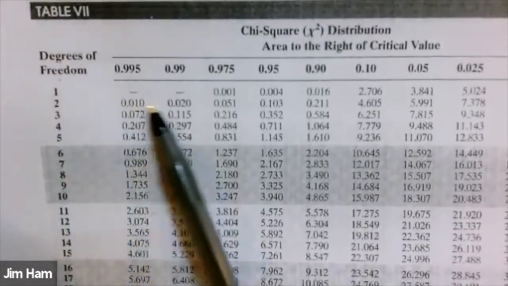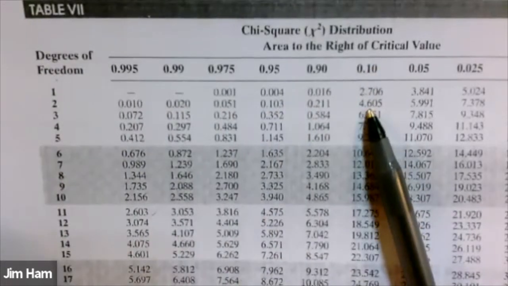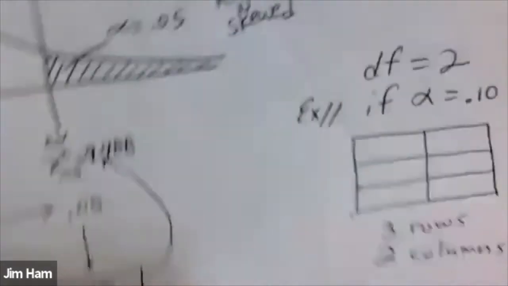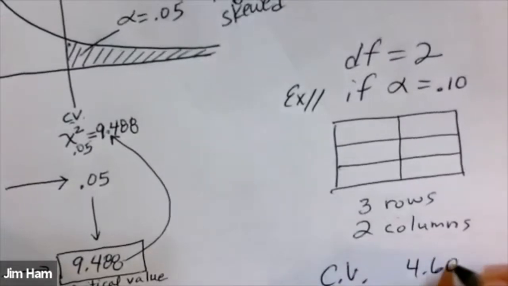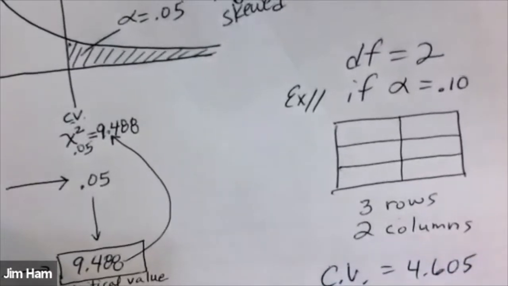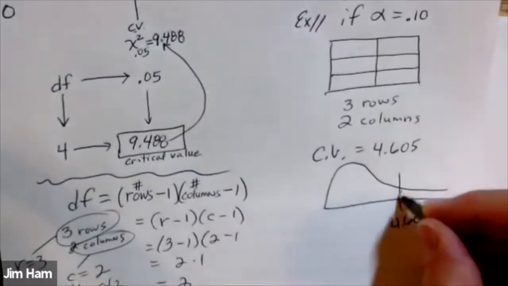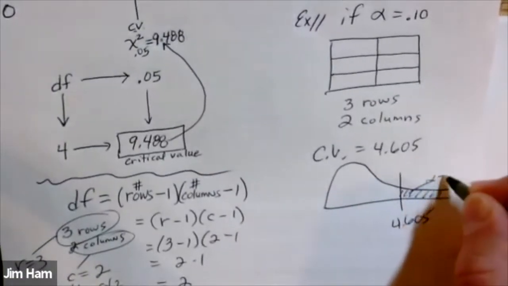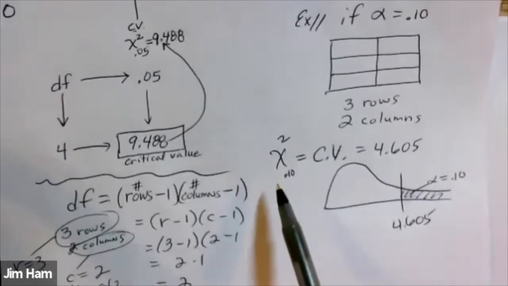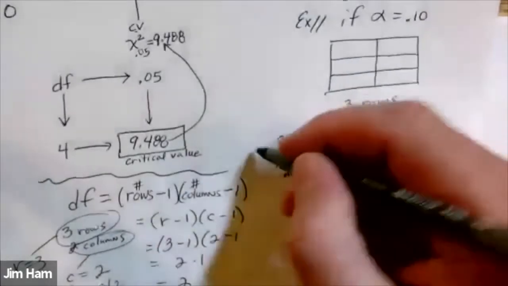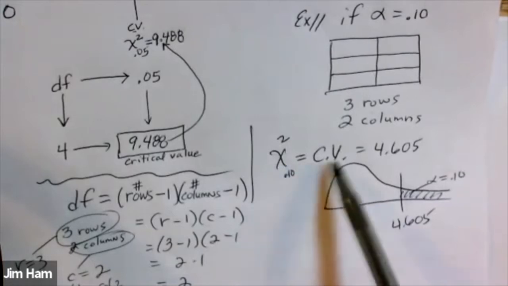Here's degrees of freedom 2, and there's alpha 0.10, so 4.605. All right, so the critical value is 4.605. That's what would appear right here. And that's the variable name that we would use in this case. Right area is 0.10, so critical value.